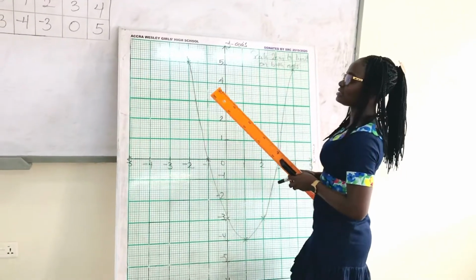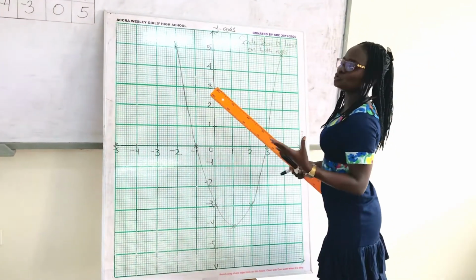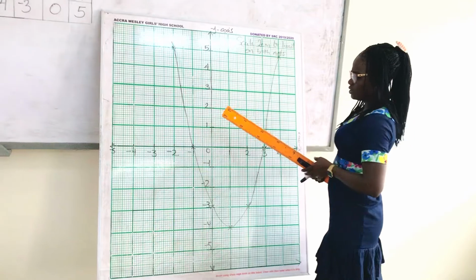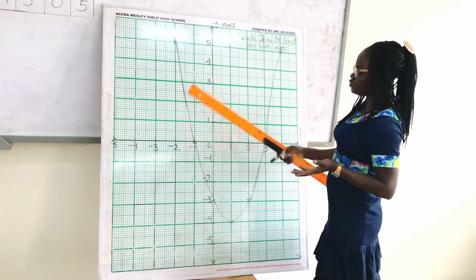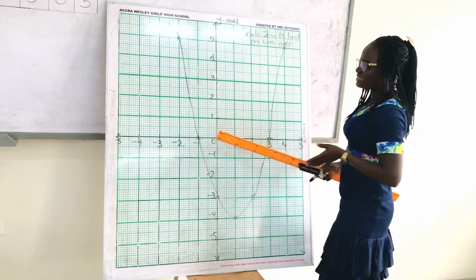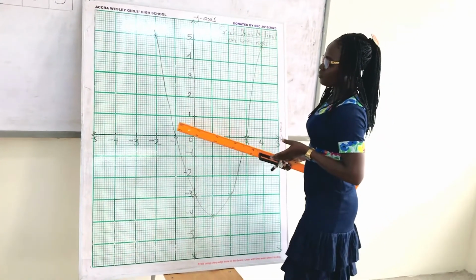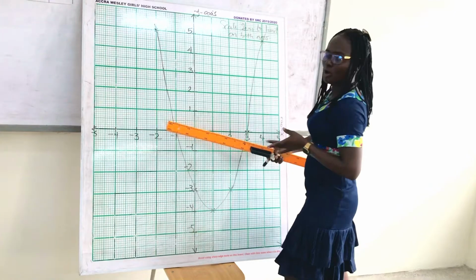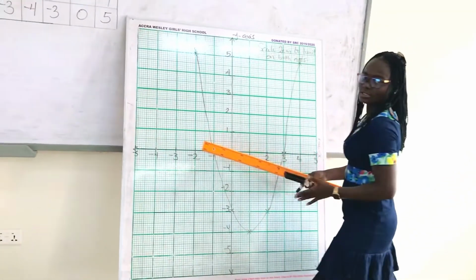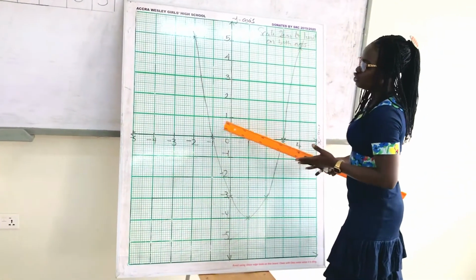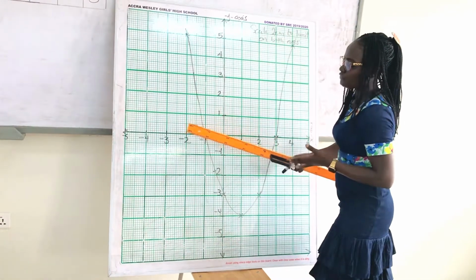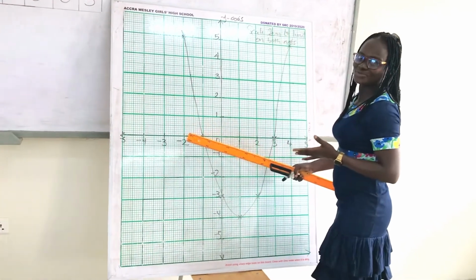The first is when x is negative 2, y is 5. So how do we locate negative 2 on the graph board? We start on the origin and move 2 times towards the left-hand side. So from the origin, you jump to 1, 2, and you land on negative 2.